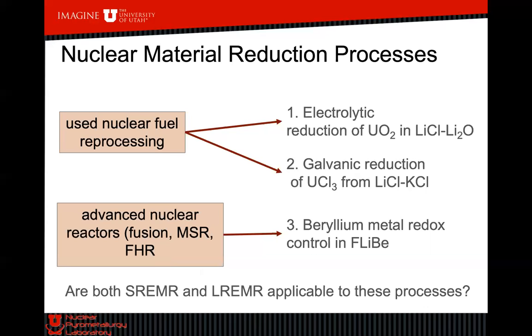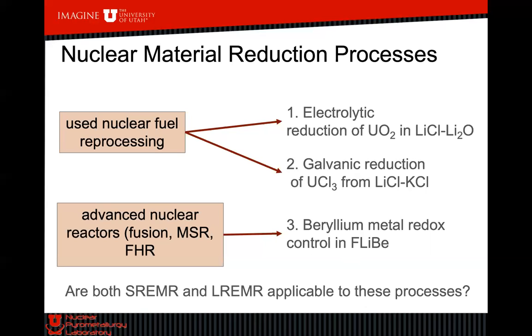That particular project is looking at controlling what we call the redox potential of this salt we call FLiBe, which is lithium fluoride, beryllium fluoride, using beryllium metal. Basically, what that does is it helps you keep the salt from becoming too corrosive.